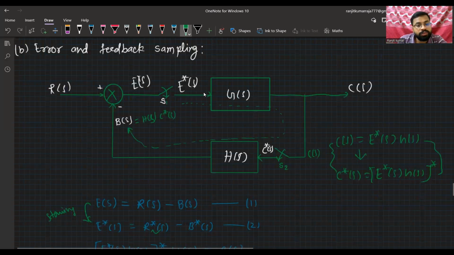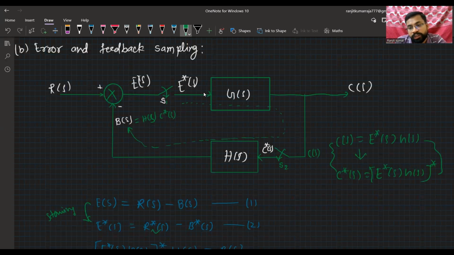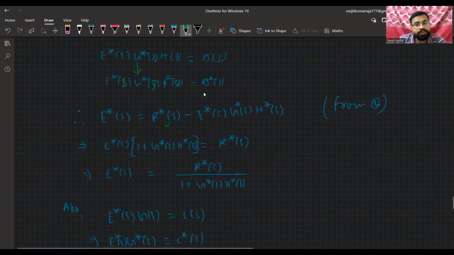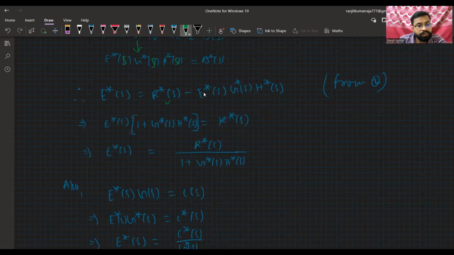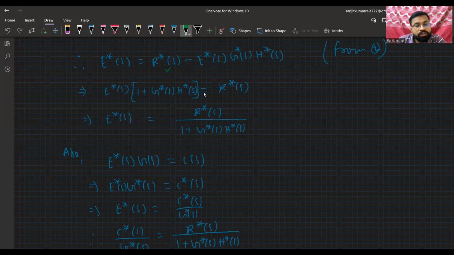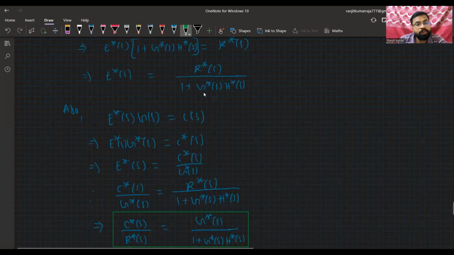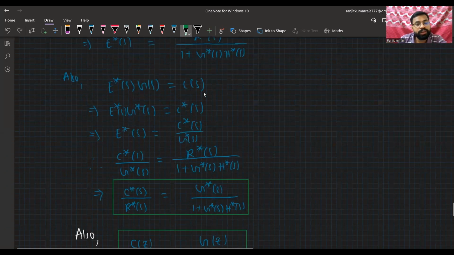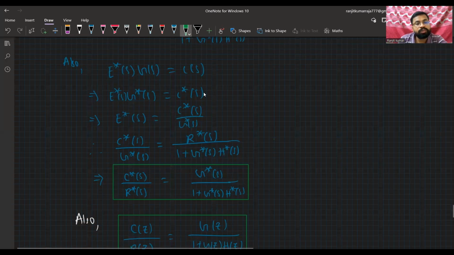Okay, this one I have taken. Also here, E star of S, G of S equals C of S. Now again starring this function, we perform the same operation here, then we will get C star of S, R star of S.